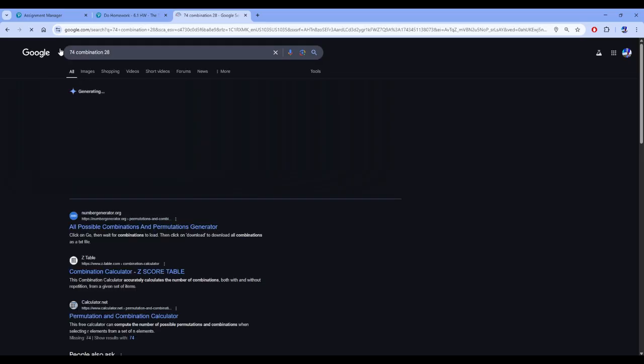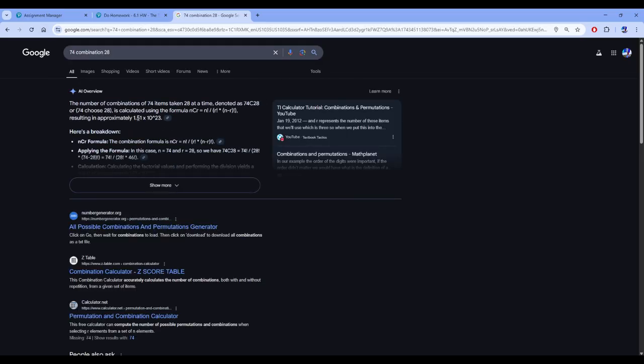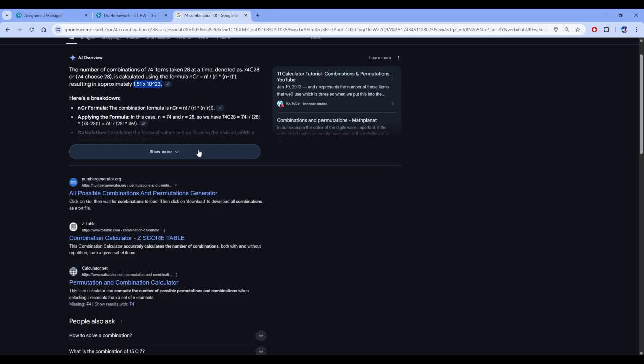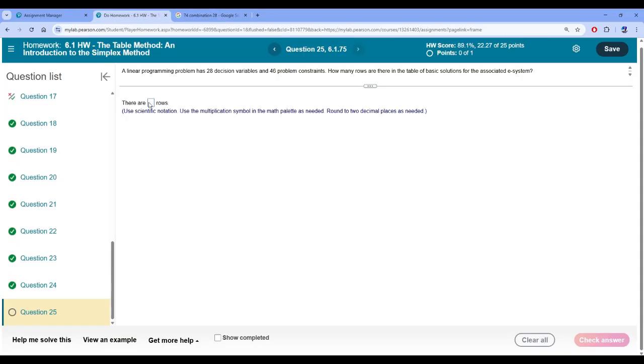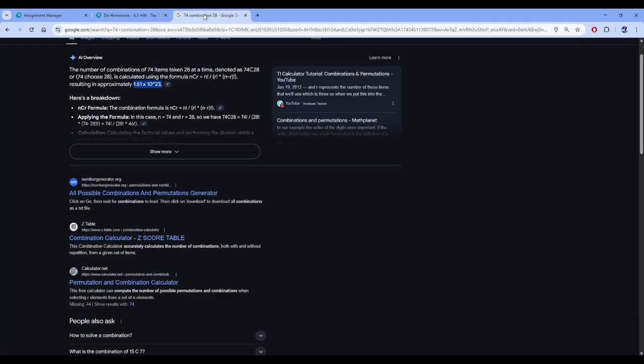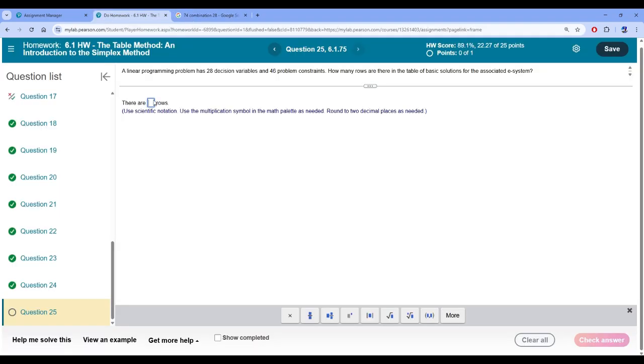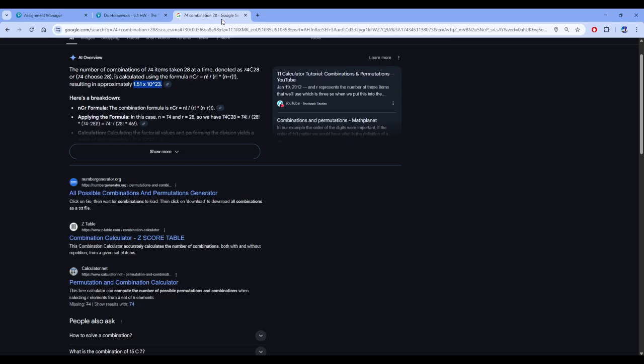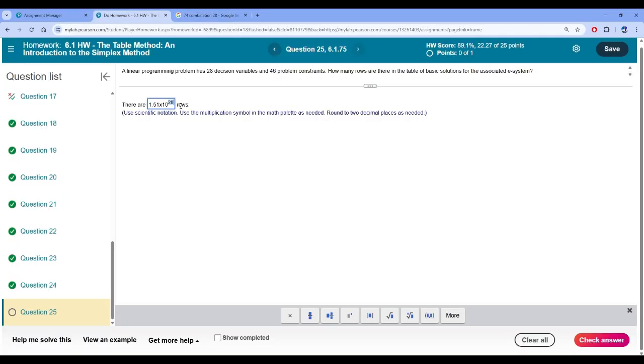Combination 28. Let's see if it does it. Ooh, 1.5 times 10 to the 23. Jesus, it's a big number. Let's use scientific notation. What did I say the number was? 1.51 times 10 raised to the 23.